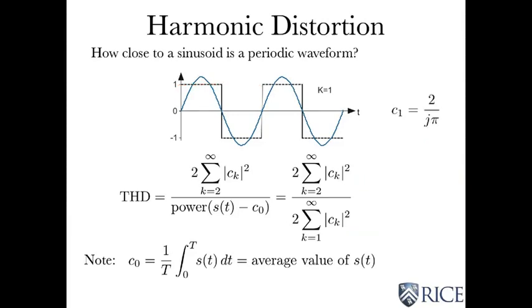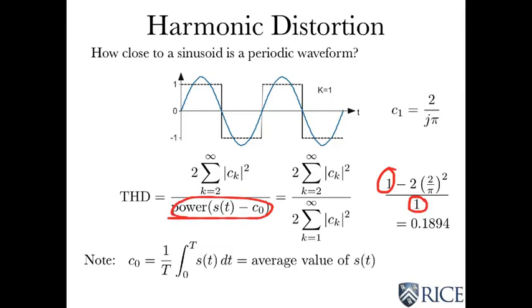So C1, if you remember what the Fourier series is for a square wave, is just 2 over j pi, which makes that numerator equal to 1 minus 2 times (2 over pi) squared. And this 1 is the power in the signal, which we calculated just by looking at what the waveform was and acting accordingly.